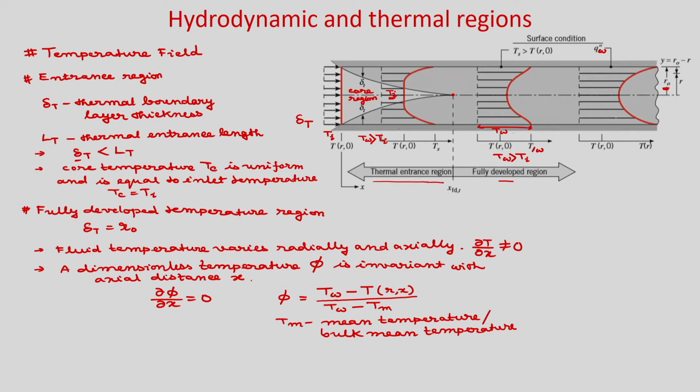So, this is the temperature distribution in the fully developed region, and please remember that in this particular case del T by del x will not be equal to 0.